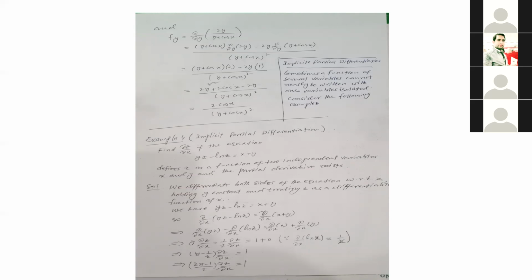We find partial derivative of the variable z with respect to x, if we are given this equation yz minus log z equal to x plus y. Now you see you cannot express this function, cannot write this equation just in one variable.